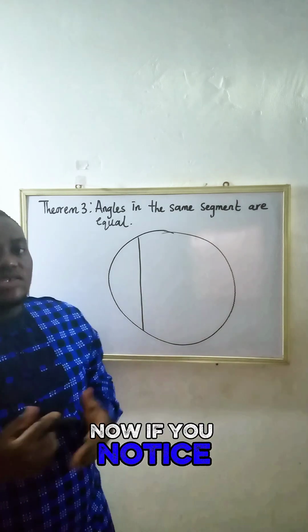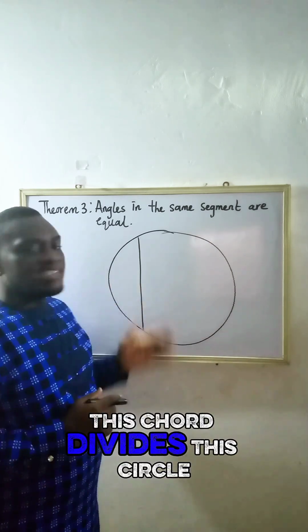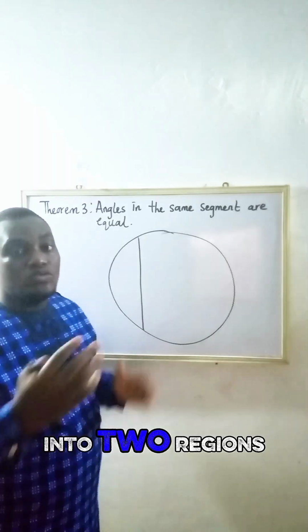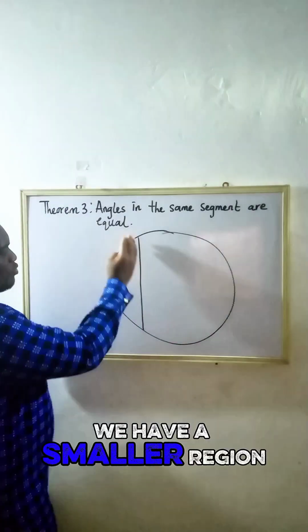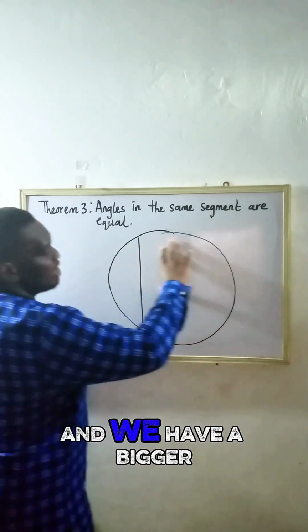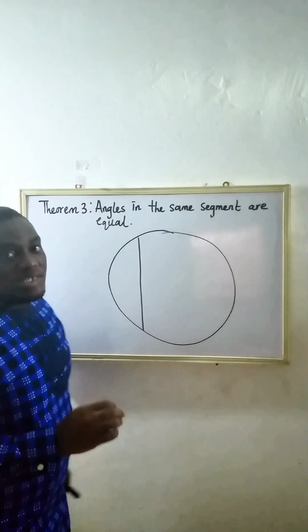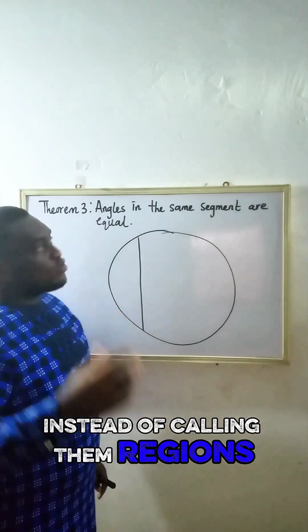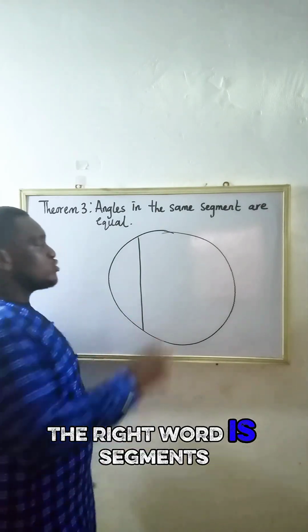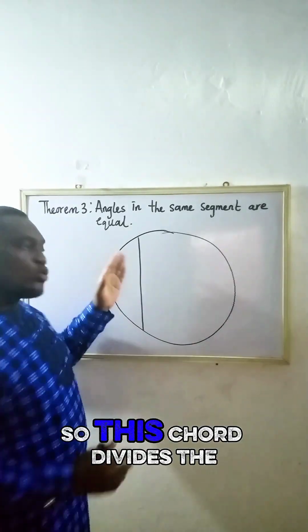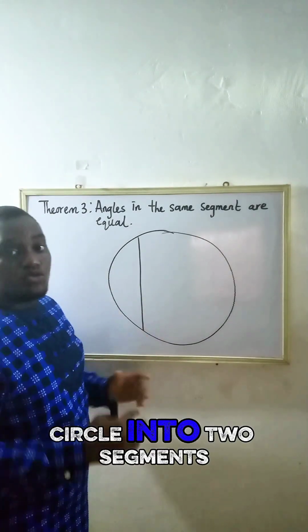Now, if you notice, this chord divides this circle into two regions. We have a smaller region over here, and we have a bigger region over here. Instead of calling them regions, the right word is segments. So this chord divides the circle into two segments.